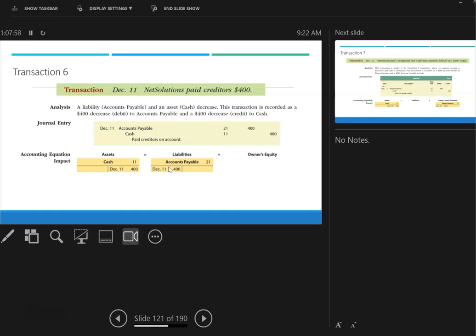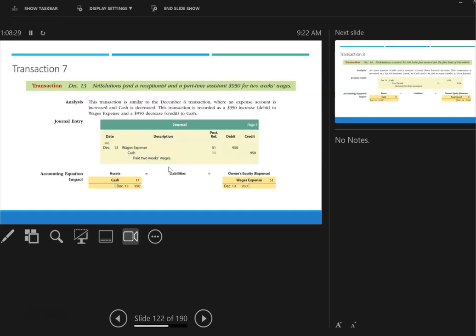Net Solutions paid creditors $400. Do you see? We show the accounts payable of $400 and the cash of $400 as a credit, right?